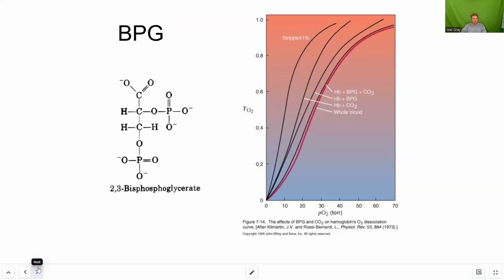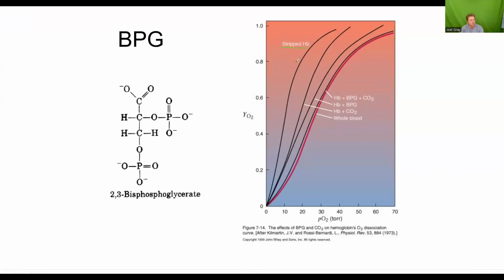I like this graph right here because I think that it brings up a number of different things. If you were to have a completely stripped hemoglobin, so a hemoglobin protein devoid of an acidic pH, this is at a neutral pH, you would see something that looks like this right here.